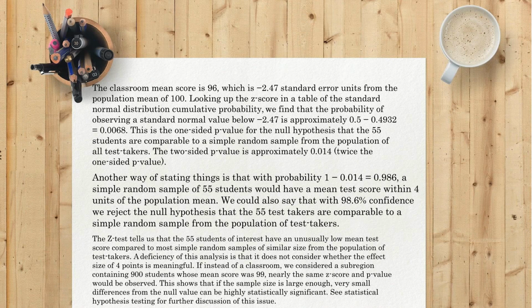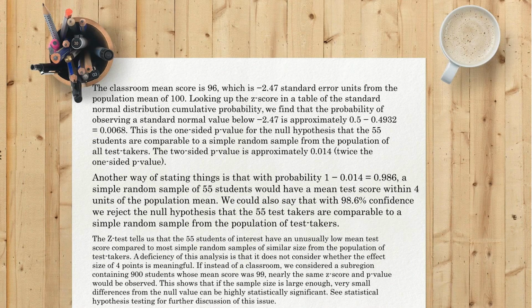Looking up the z-score in a table of the standard normal distribution cumulative probability, we find that the probability of observing a standard normal value below minus 2.47 is approximately 0.5 minus 0.4932 equals 0.0068.